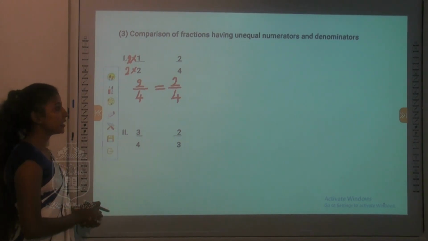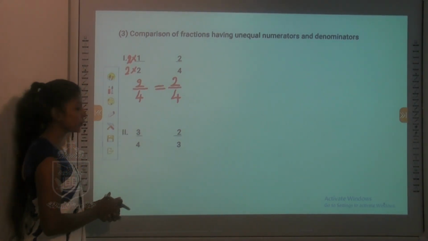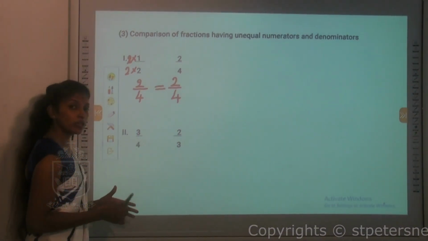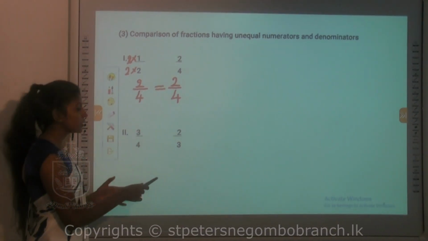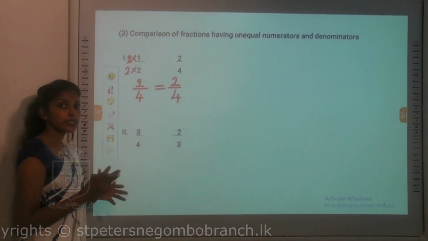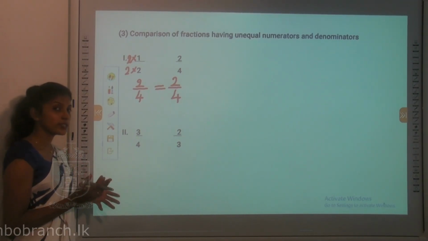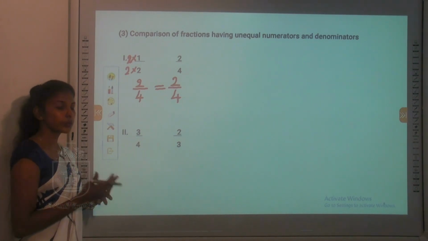Second example, here I have taken 3 over 4 and 2 over 3. Here you all can see the denominators are 4 and 3. So you have to go for the LCM. When you are considering 4 and 3, what is the LCM? What is the common number which we can make? That is number 12.